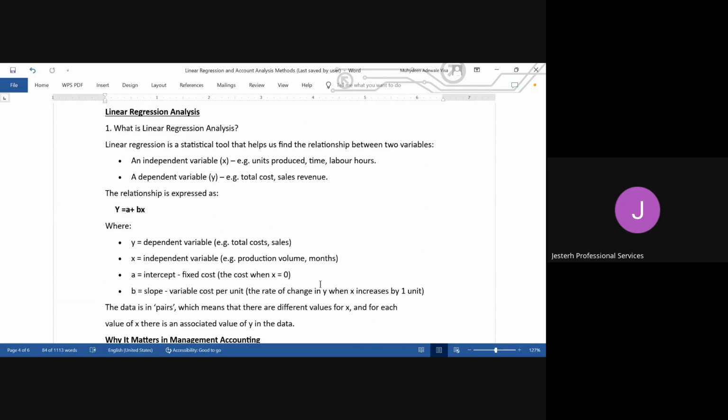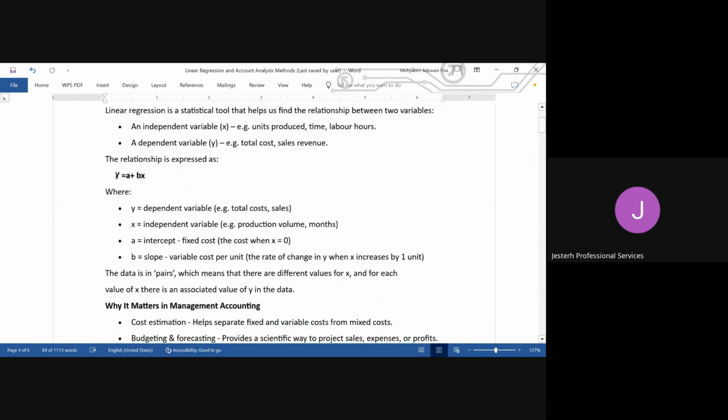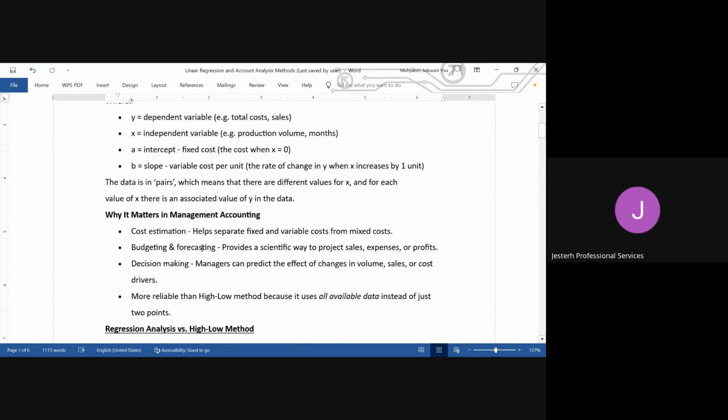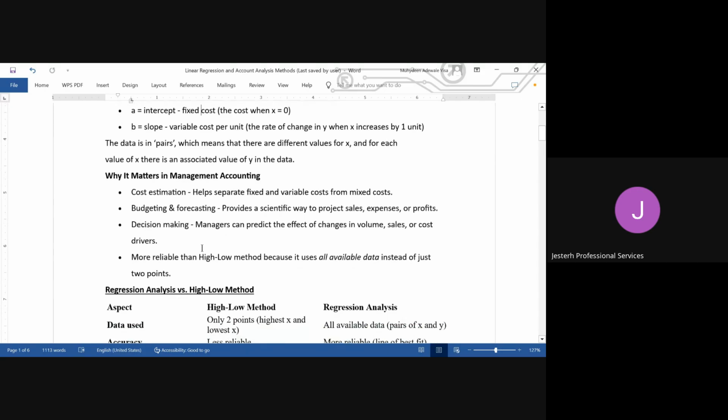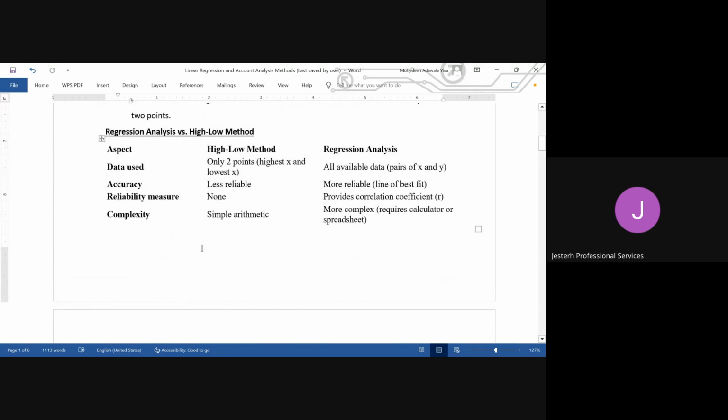How can we separate them? Using this cost function formula. And then we also discussed why linear regression matters to management accounting. The cost function, the cost estimation, helps us to forecast and make decisions, and it is more reliable than the high-low method.